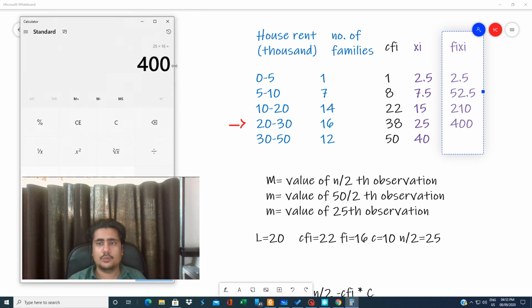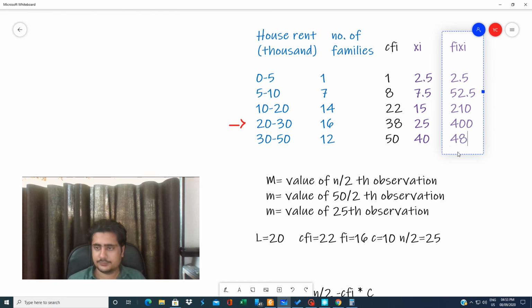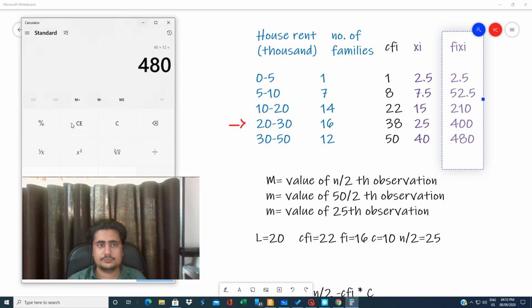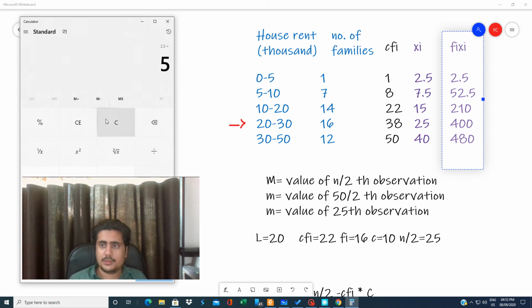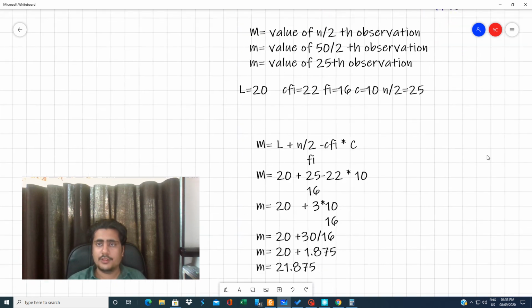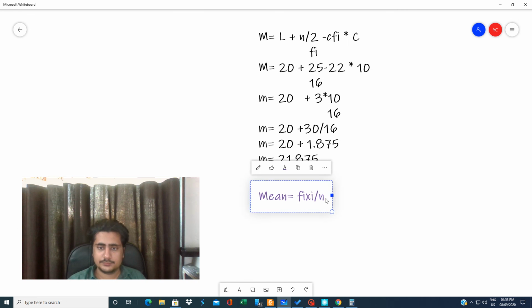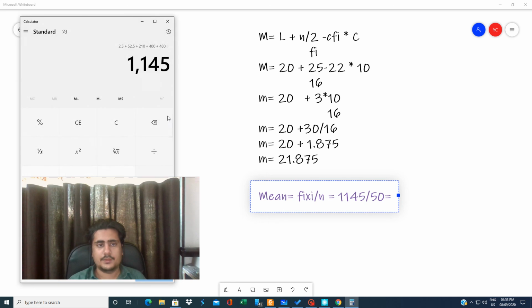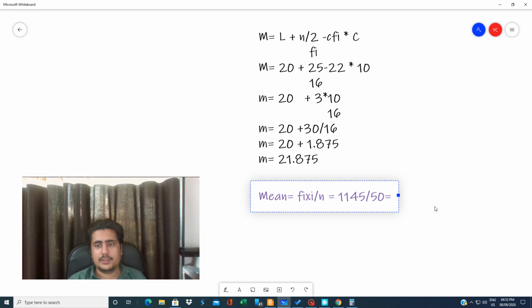Now 40 into 12, 480. It's 2.5 plus 52.5 plus 210 plus 400 plus 480. It's 1145. The frequency total is 50. So it's 1145 upon 50, which is 22.9.